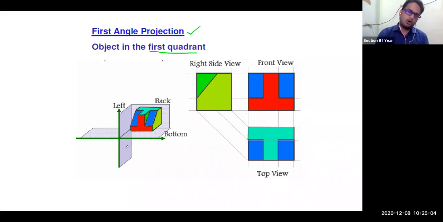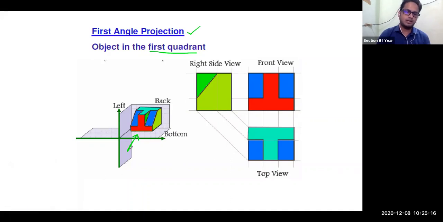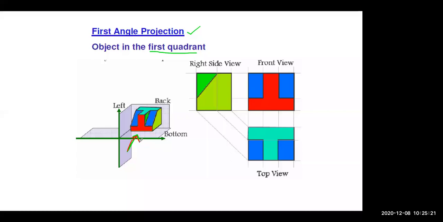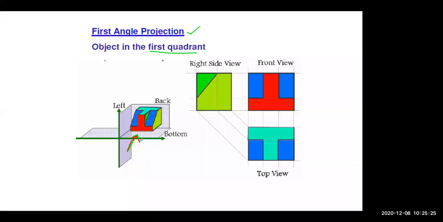If the observer is looking from this side, let me draw. If the observer is looking from this side, now here it is easy to differentiate since color codings are used. So from the front side, which are the two colors that you will be able to see?